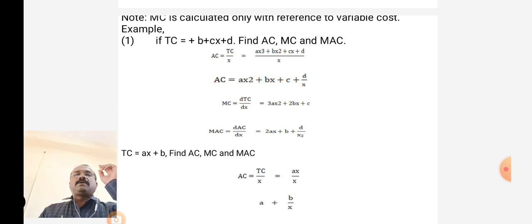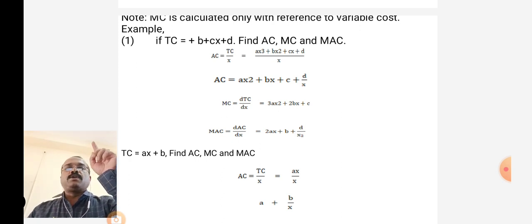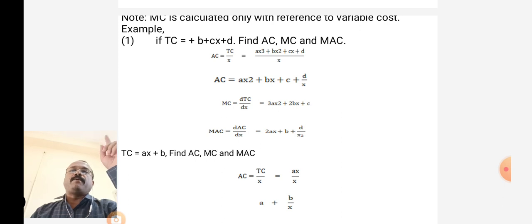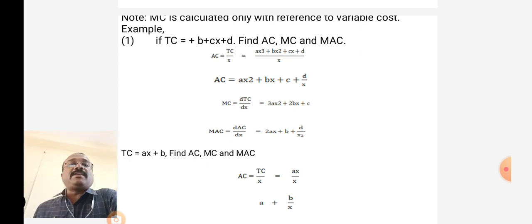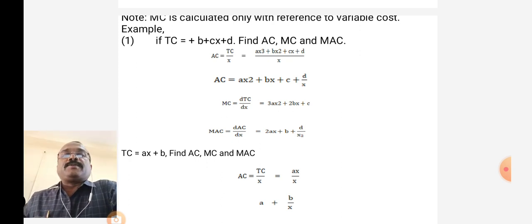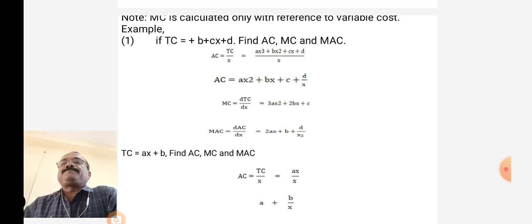It means average cost is always equal to total cost divided by x, that is ax to the power of 3 plus bx to the power of 2 plus cx plus d, divided by x. This is one way to derive this function.